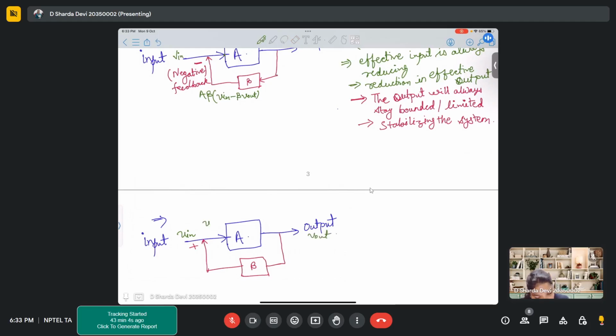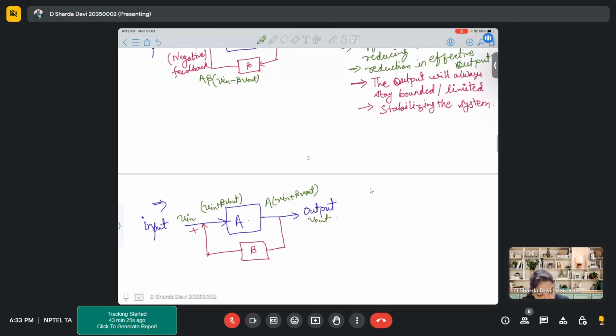At this point, it is V in plus beta V out. This gets multiplied by A after passing through. This A is basically an amplifier. So it is A times (V in plus beta V out). This gets multiplied by beta, and here you will get A beta (V in plus beta V out).